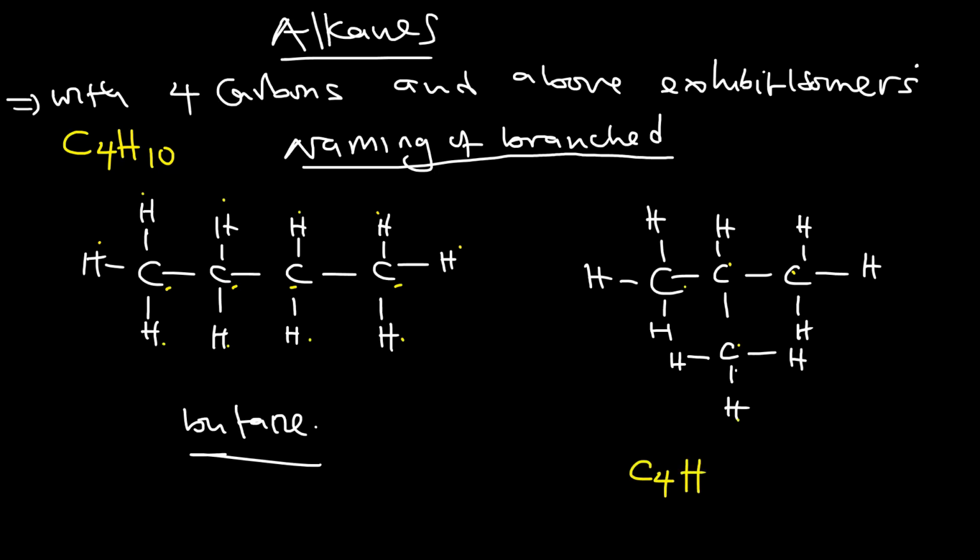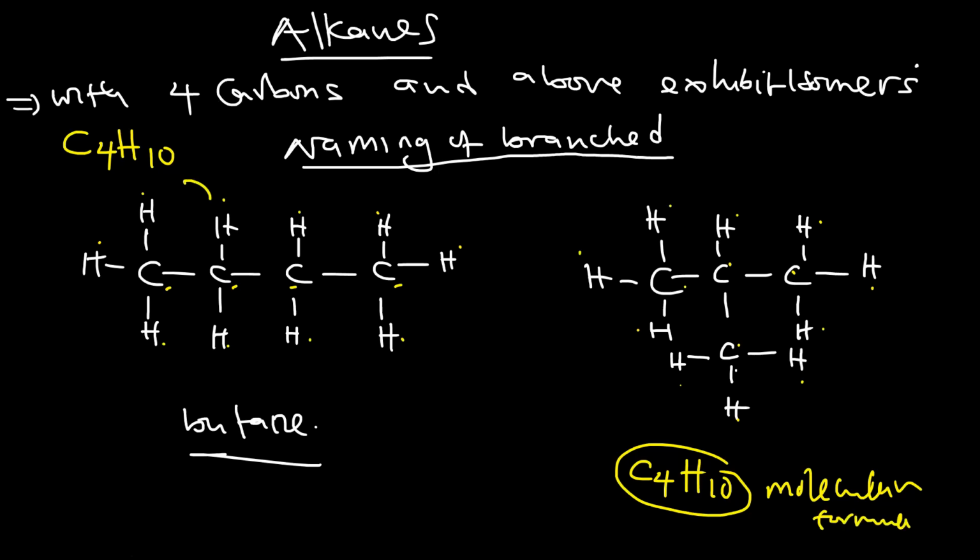Then hydrogens 1 to 10, so also 10. This is the molecular formula for this, and this is the molecular formula for this. If you look at them, they both have C4H10, but in terms of structure they differ. And therefore these are what we call isomers. So butane has 2 isomers, this and this. This one we know already is butane, but that is not the case for the second one.